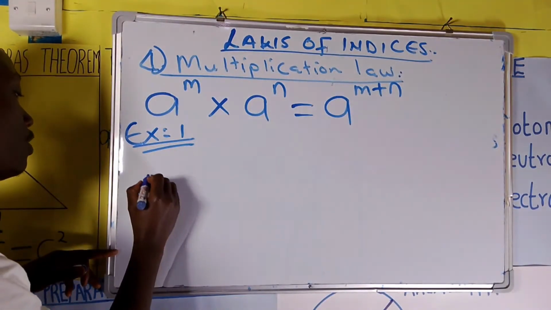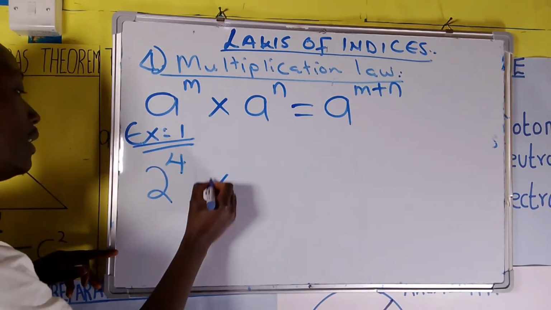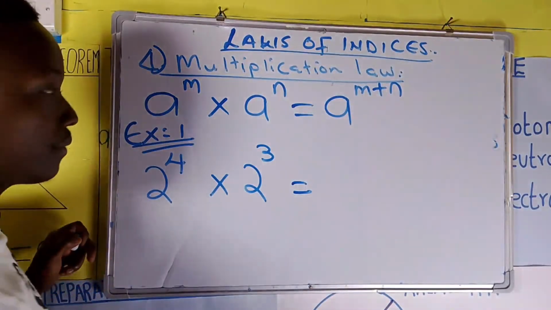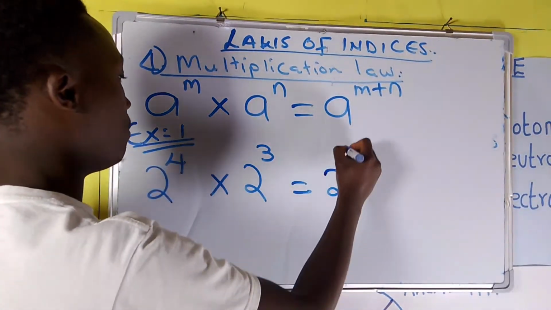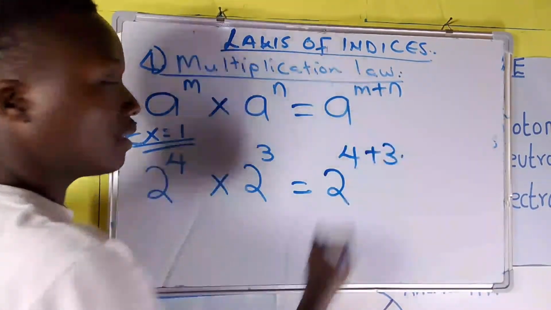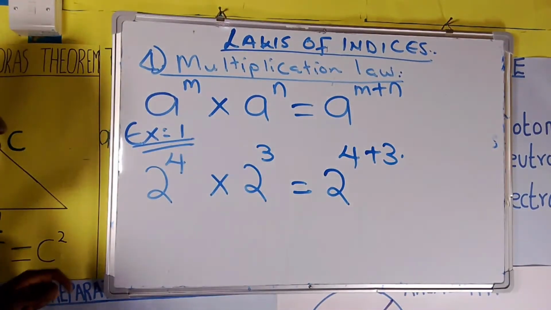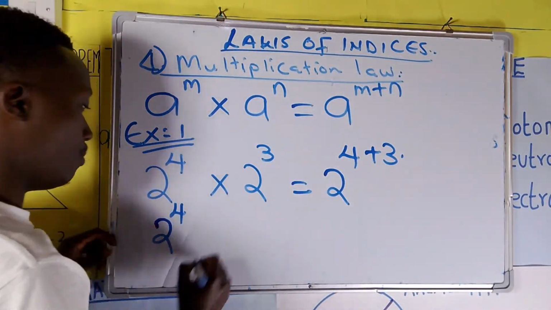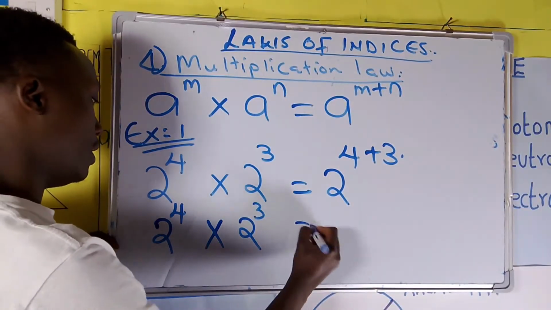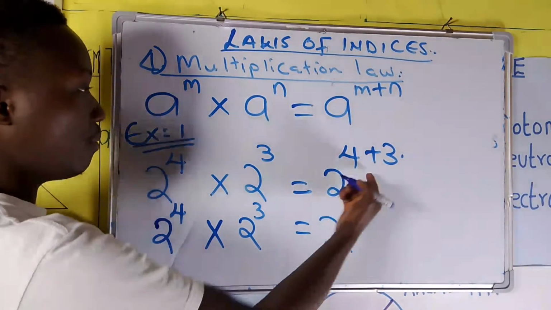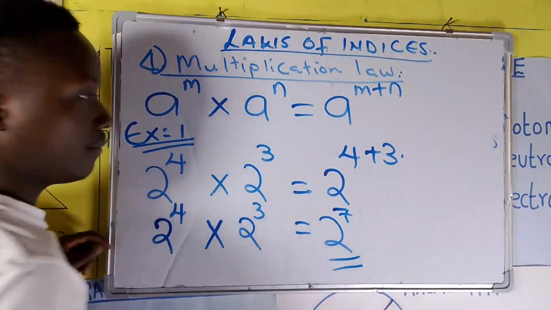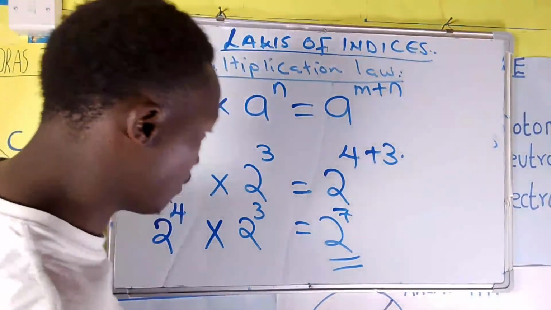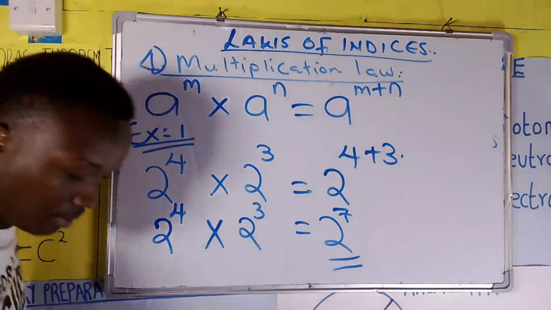If we have 2 to power 4 times 2 to power 3, our answer will be 2 to power 4 plus 3, which is 2 to power 7. That is the multiplication law.